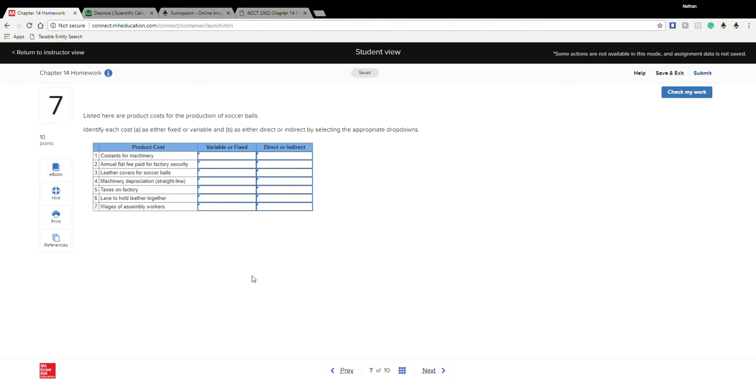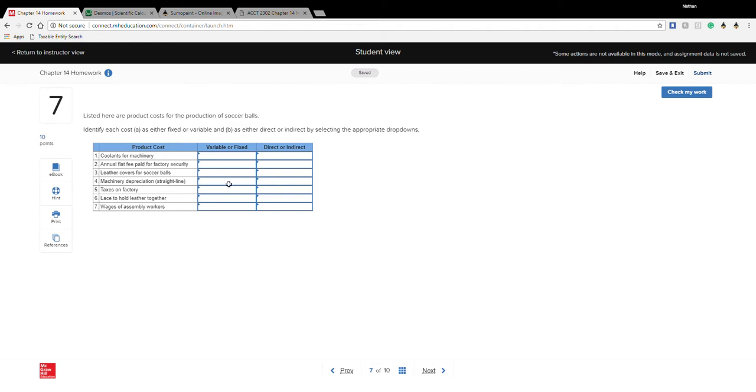Cool. So again, watch out. You may get the same stuff. You may get different, but you want to look at those definitions. Variable costs will change as we have different volumes. Fixed costs will not. And then direct has to be traced to the product or can be easily traced. Indirect does not.